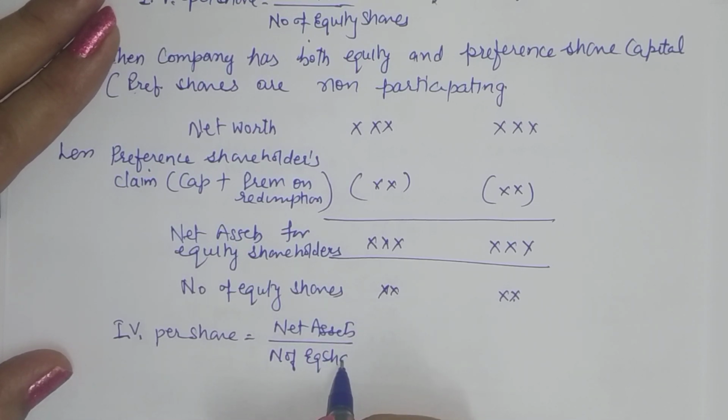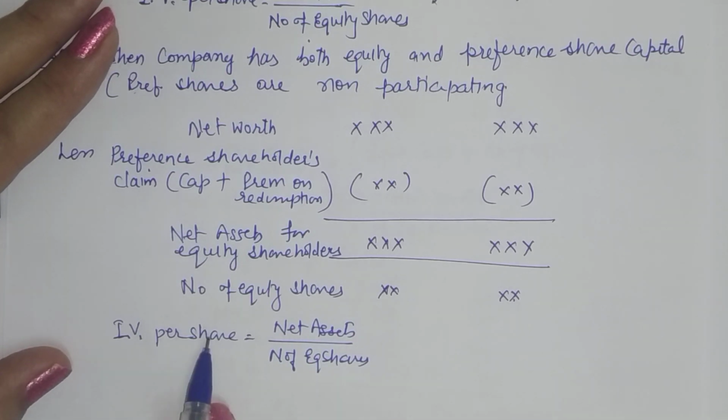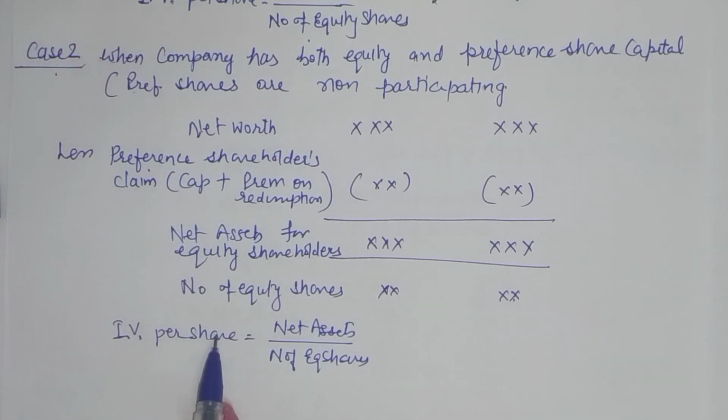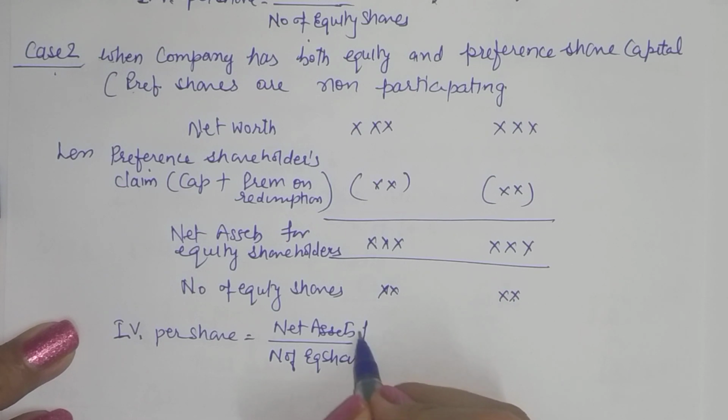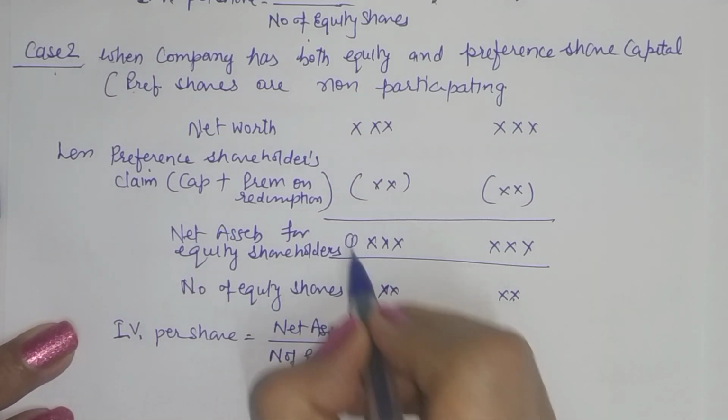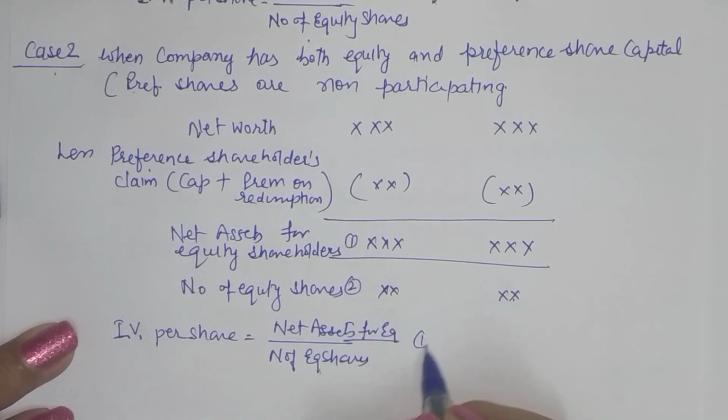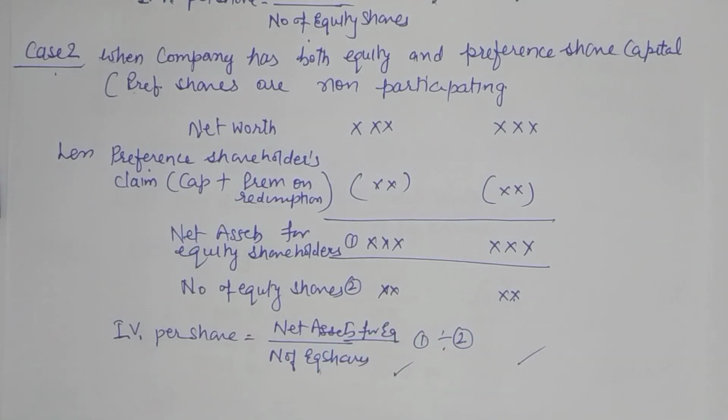So in any case, in order to calculate intrinsic value per share, we want to have net assets for equity and divide it by the number of shares. So if this is 1 and this is 2, then 1 divided by 2 will give you value per share.